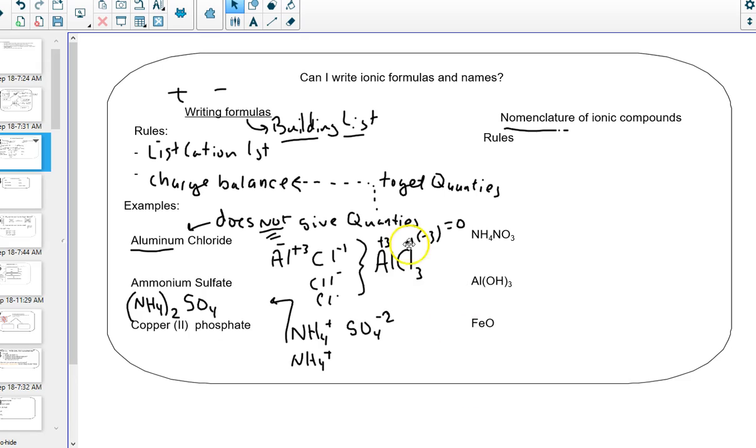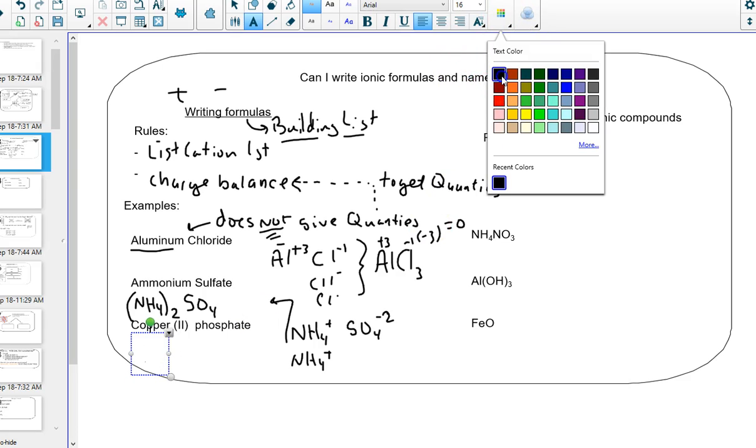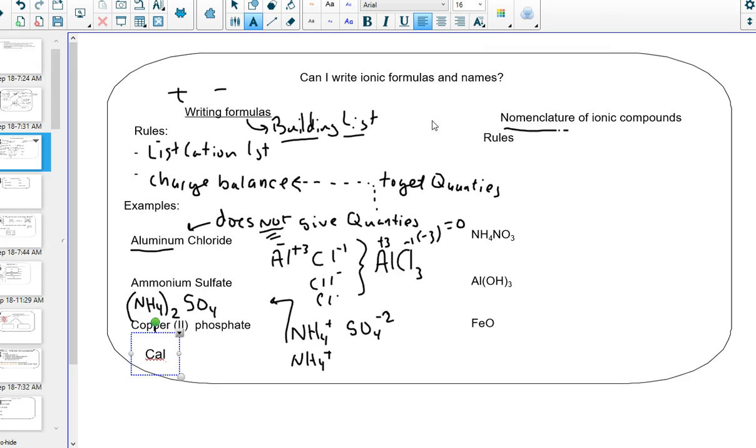So let's add one more in here, and I'm going to do calcium oxide. Alright, so does this work for us?